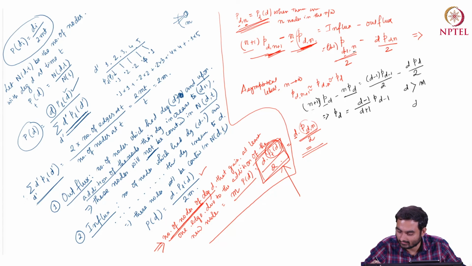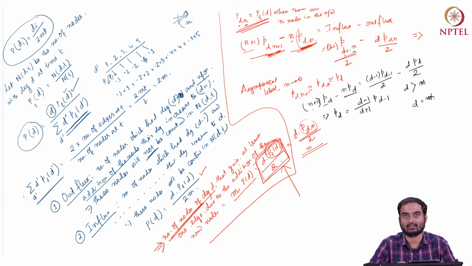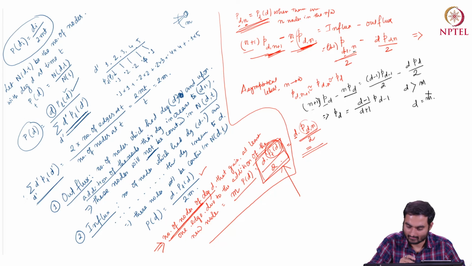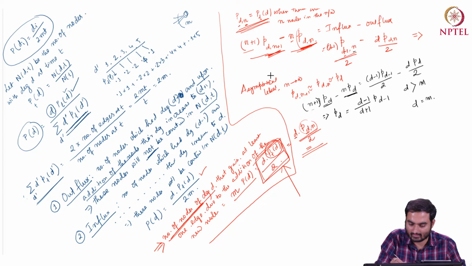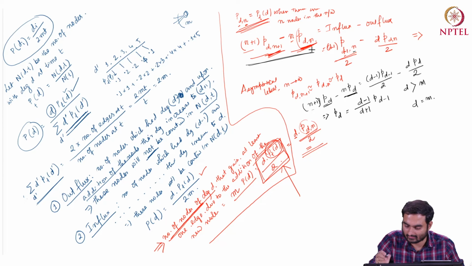What about when d equals m? D is the degree and m is the number of edges that are attached to a particular node. When d equals m, what would happen? So this pd will become pm. I will write this equation again in a different manner.